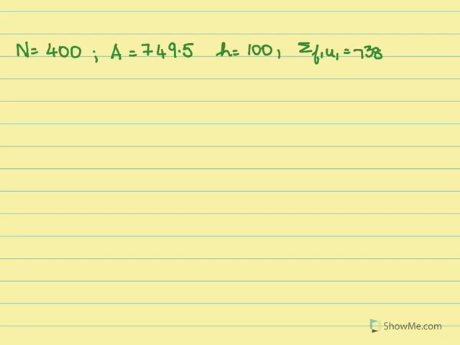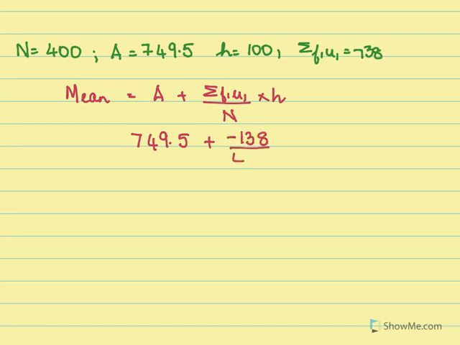The formula for mean is equal to A, that assumed mean, plus sigma Fi Ui over n into h. Now the A is 749.5 plus summation Fi Ui is minus 138 over n is 400 into h is 100.